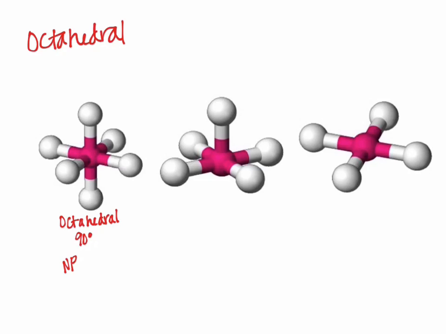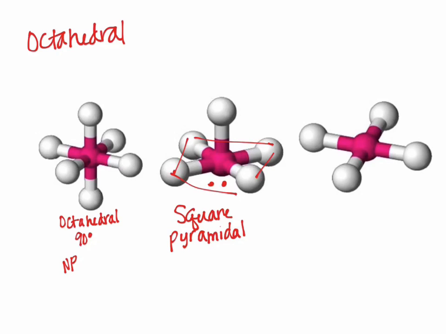So the next thing I want to do, if I pull off one of those atoms and now I have a lone pair, this becomes what we call square pyramidal. Those outer ones are making a nice little square, but we also have a pyramid.